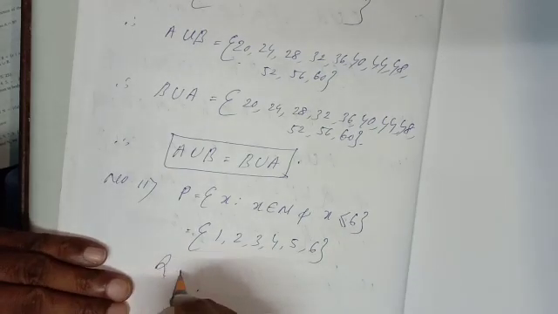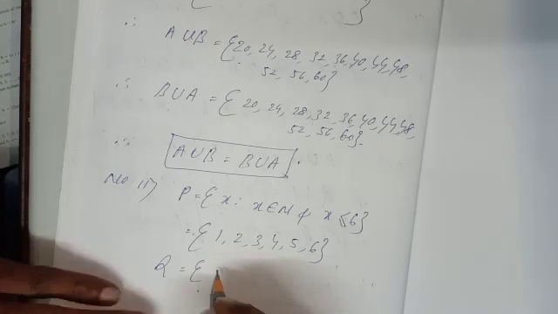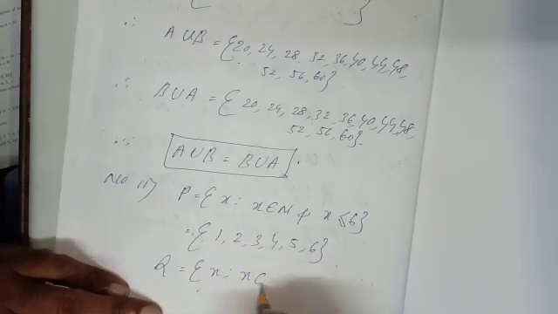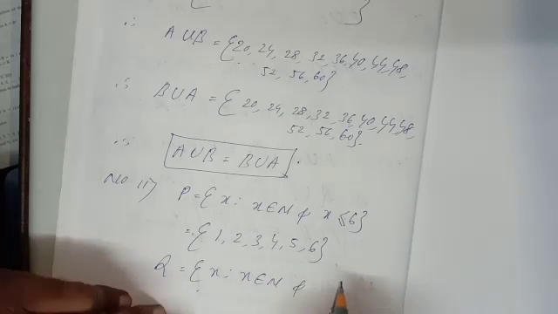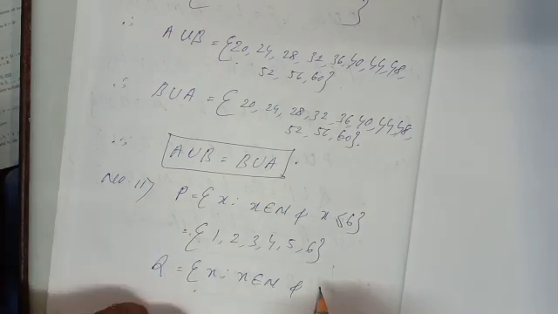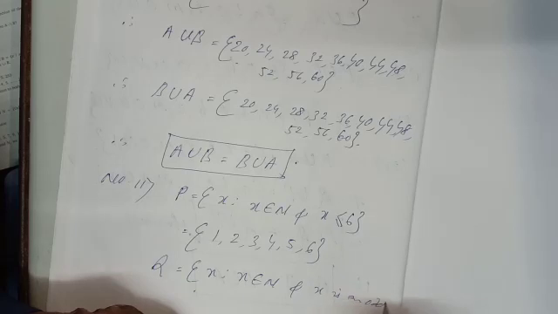Next, Q is a set. The condition given is x such that x belongs to natural number and x is an odd number less than 6.